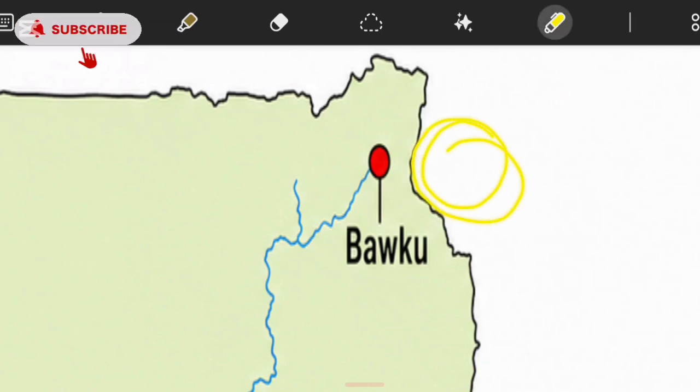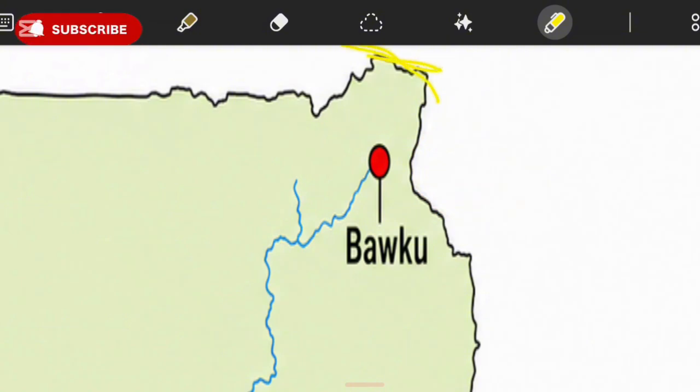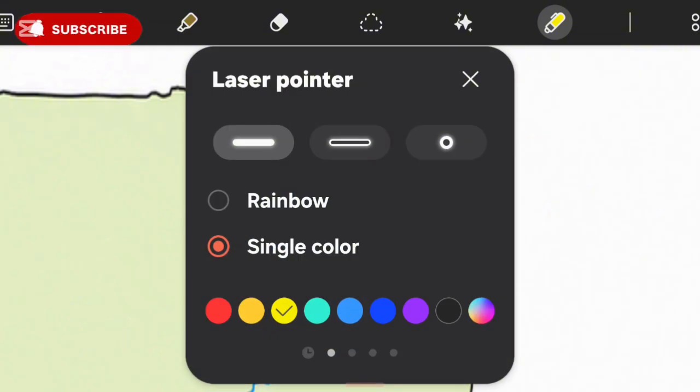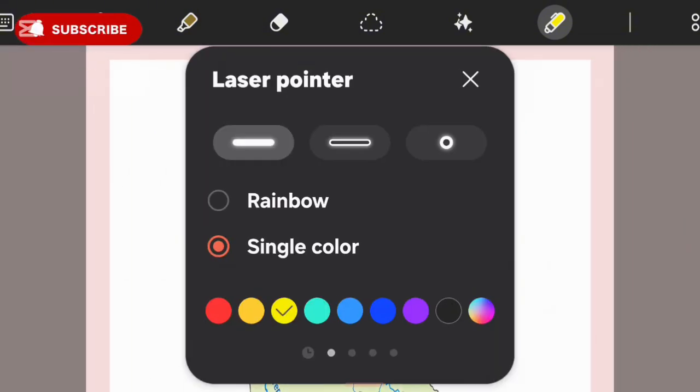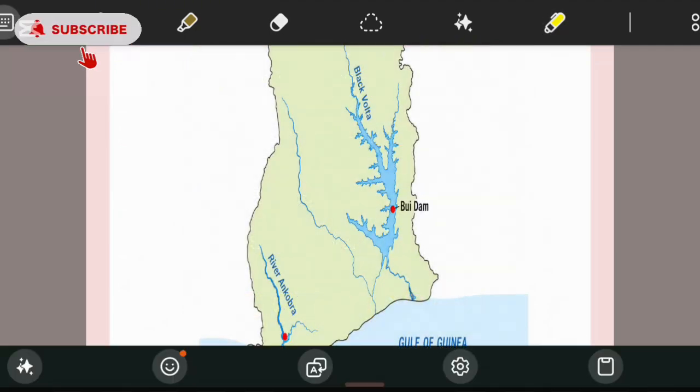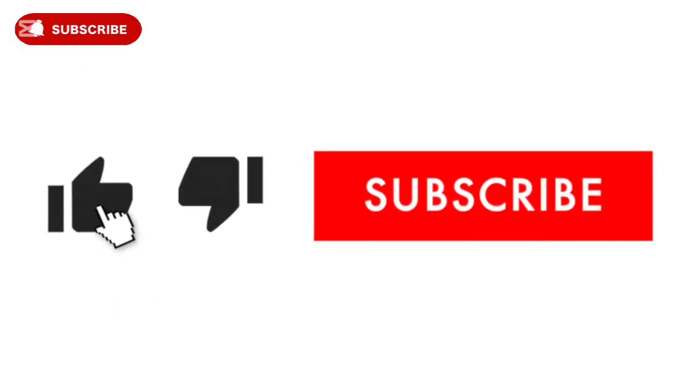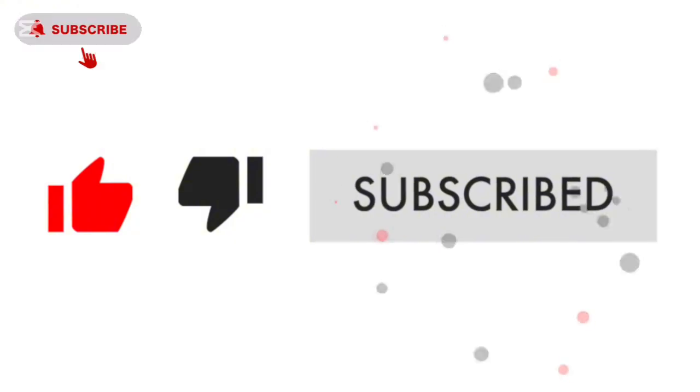So Bawku, we can say, is closer to Togo and at the same time it's closer to Burkina. So that is it for the first part of the question. We are done with the first part. That is 6 marks. Let's move on to the second one.